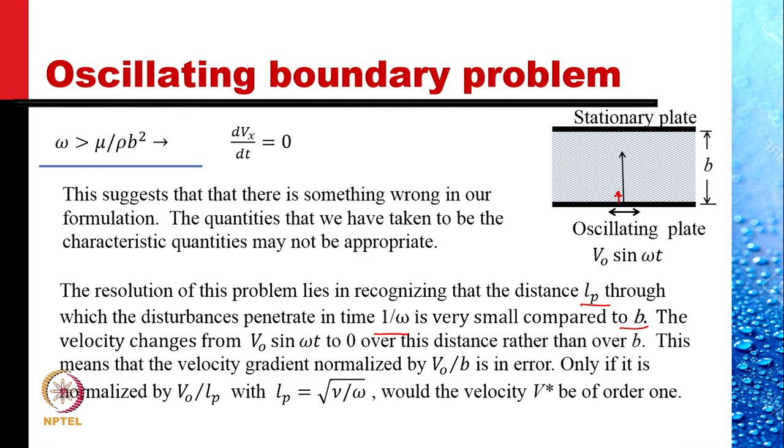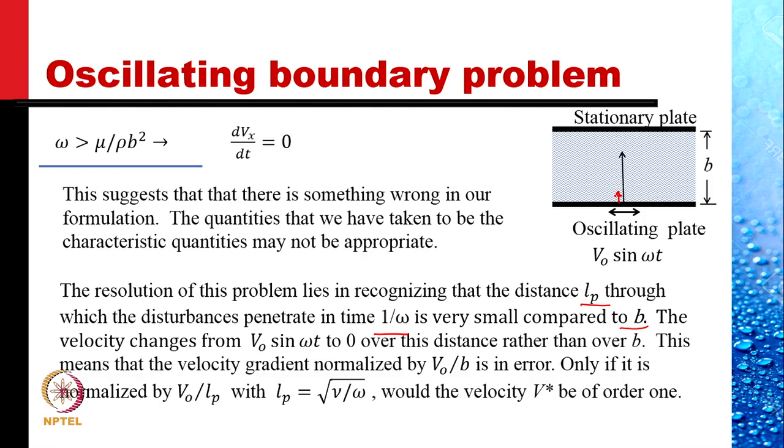This means that the velocity gradient normalized by V naught divided by B is in error. When you obtain del Vx by del y and normalize it, then normalizing the distance y by b is in error.